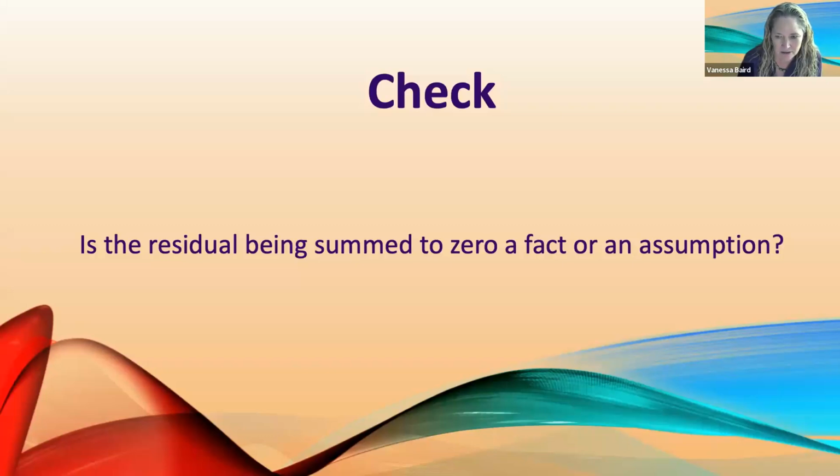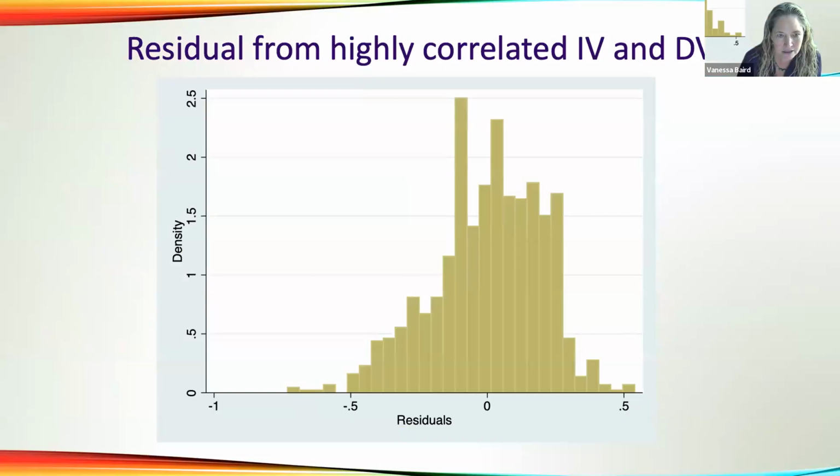All right, so here's a residual from a more highly correlated IV and DV. Now, what do you suppose the correlation is between the residual and the actual DV? Even when you just carved out some portion of the variation and given it to another variable, what do you suppose the correlation is?